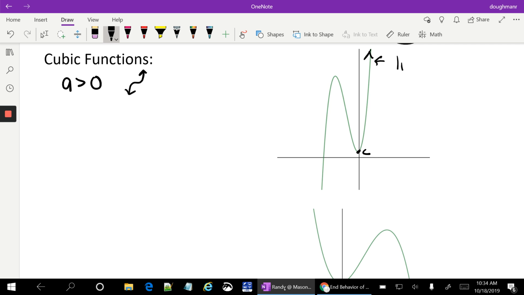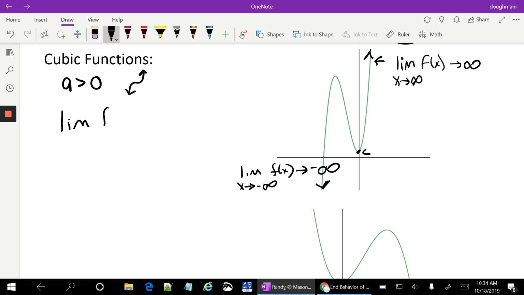Right there, this is saying the limit as x goes to infinity of f of x goes to positive infinity. But back here, the limit as x goes to negative infinity of f of x goes to negative infinity. So different.